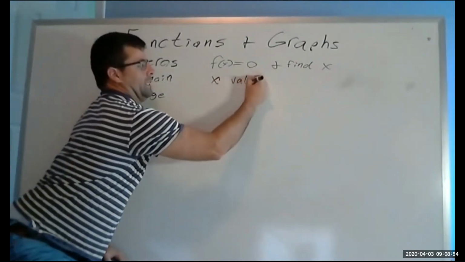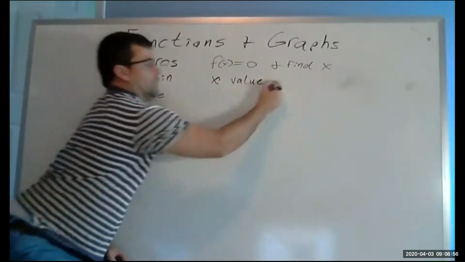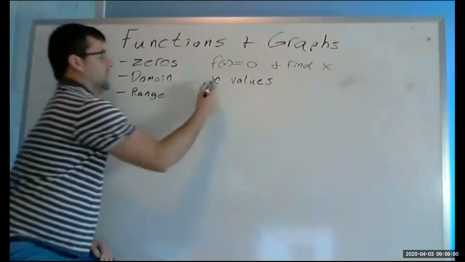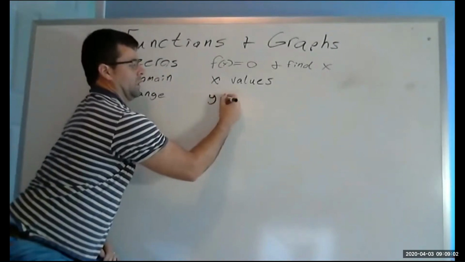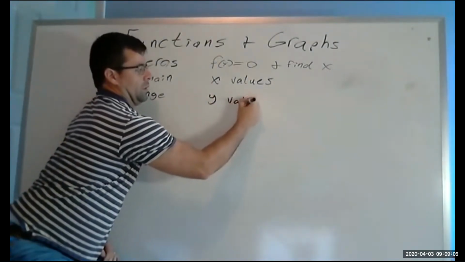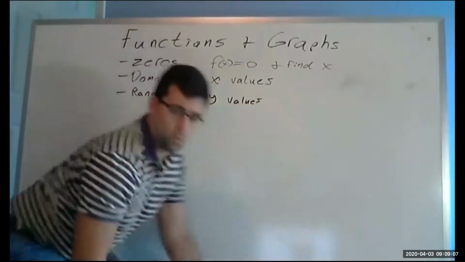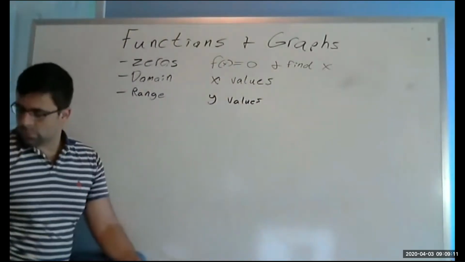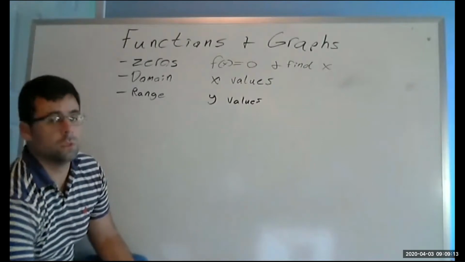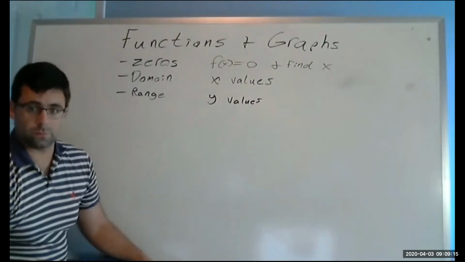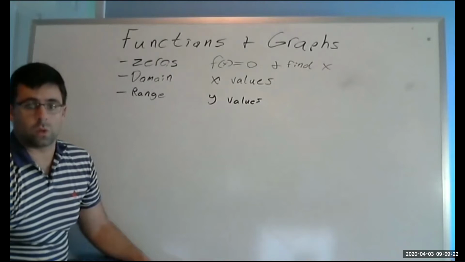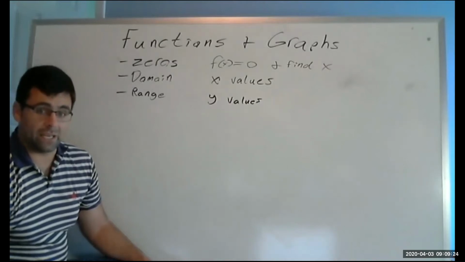The domain is the allowed x values that make it make sense, and the range is similarly the allowed y values. So we're going to talk a little bit more about the qualities that the graphs have.